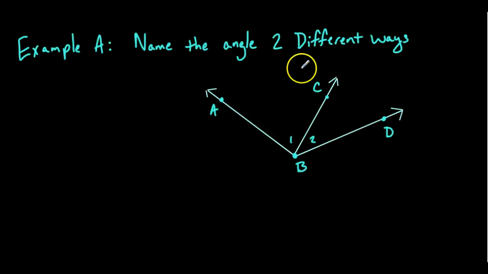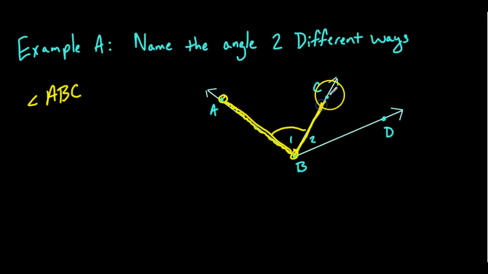Alright, so naming angles. I know I said name the angle in two different ways, but we're actually going to name each angle in a whole bunch of different ways. This first one that I'm highlighting goes from A to B to C. We're going to call that angle ABC. It's how you would draw it with your pen: I started at A, went to B, and then went to C. We could also go backwards, C to B to A, so that could be angle CBA.